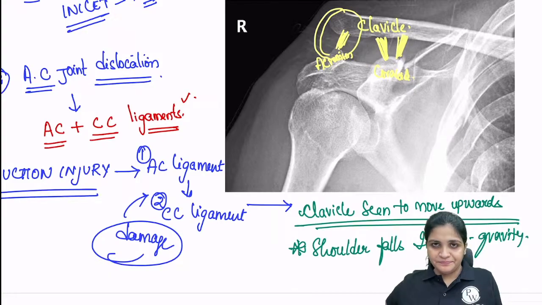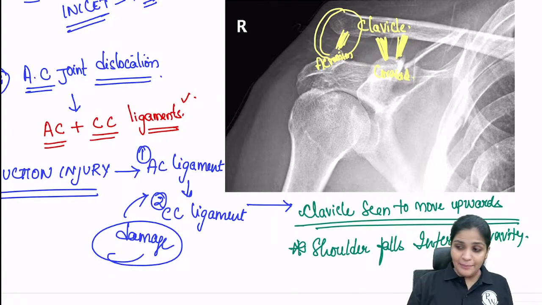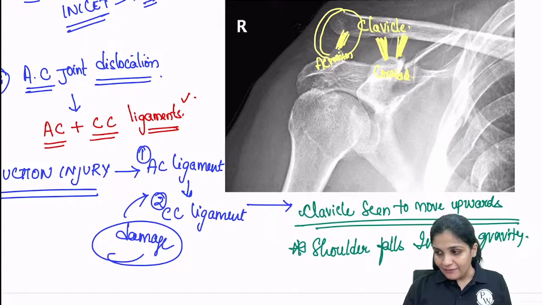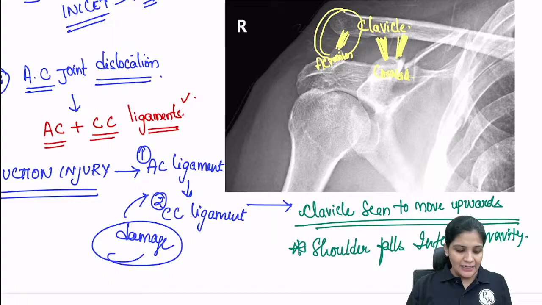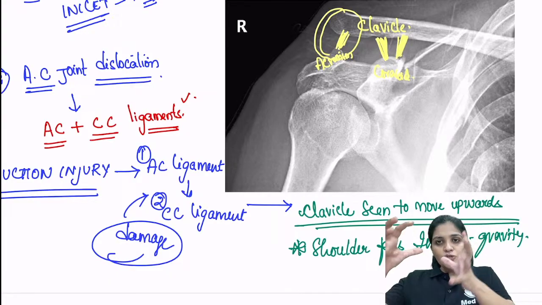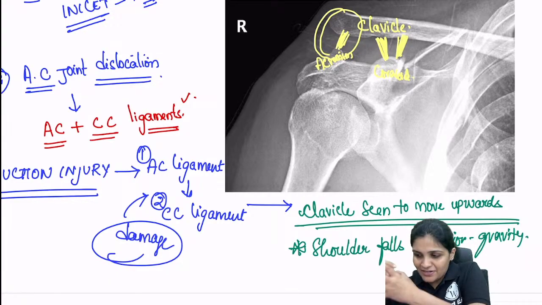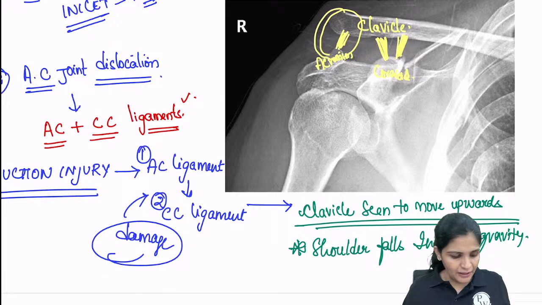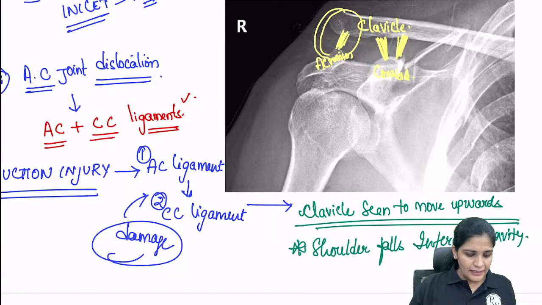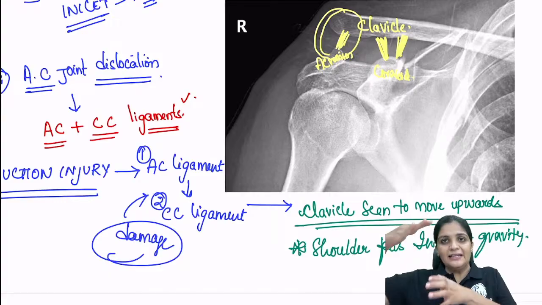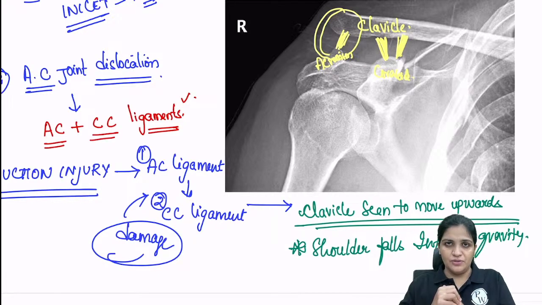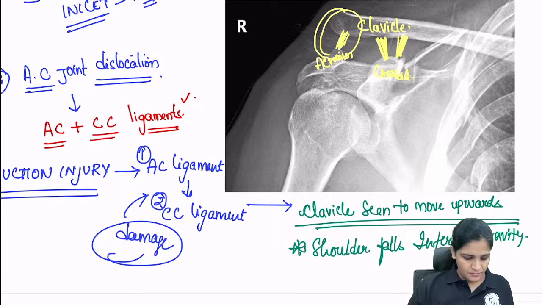Once the acromioclavicular ligaments and the coracoclavicular ligaments are disrupted, your complete shoulder joint goes down because of gravity. So the shoulder joint is pulled downwards and the clavicle moves upwards. This is your AC joint dislocation.